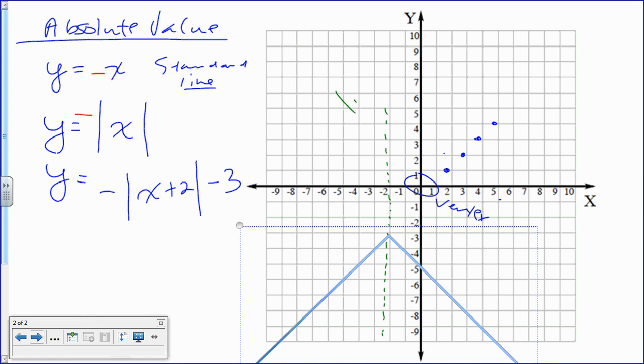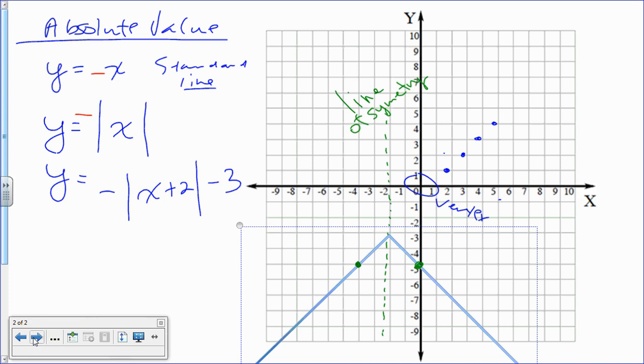This is called a line of symmetry. If I plot a point over here, what's the line of symmetry tell me? I'm going to have a point that mirrors it on the other side.